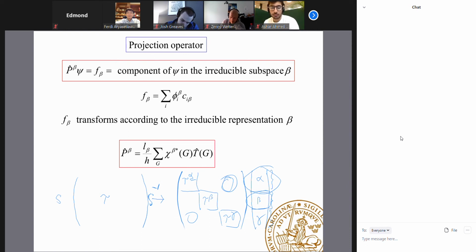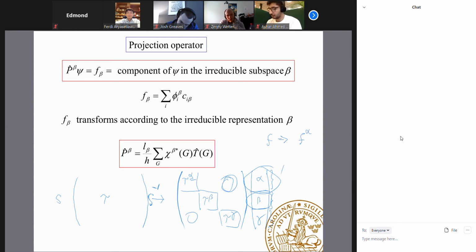So the idea is that if we have a given state or function, we want to decompose the functions into the various irreducible components.